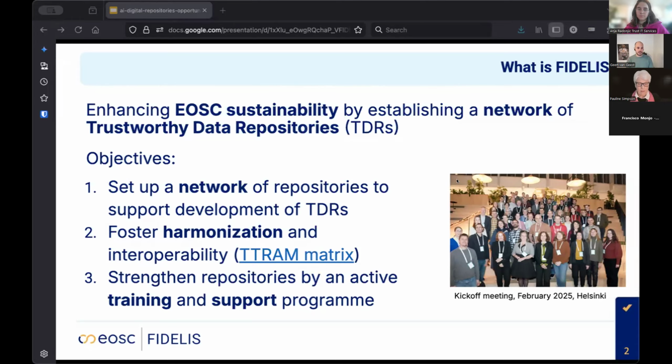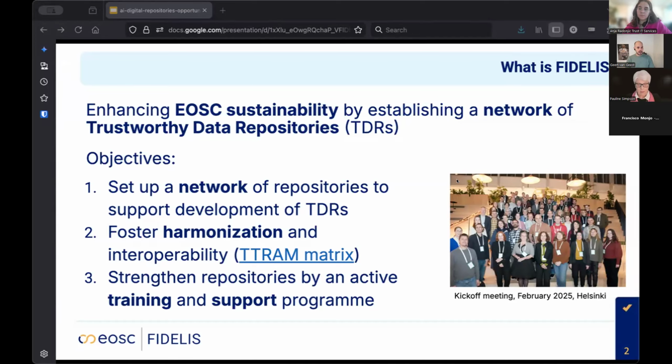So it does that by setting up this network, and with that also fosters harmonization around repositories. It does that by developing a CoreTrustSeal-based T-term matrix. So if you've heard of Fidelis, you probably have heard of the T-term matrix already. And that is really to help repositories become more trustworthy and therefore also more FAIR and interoperable.